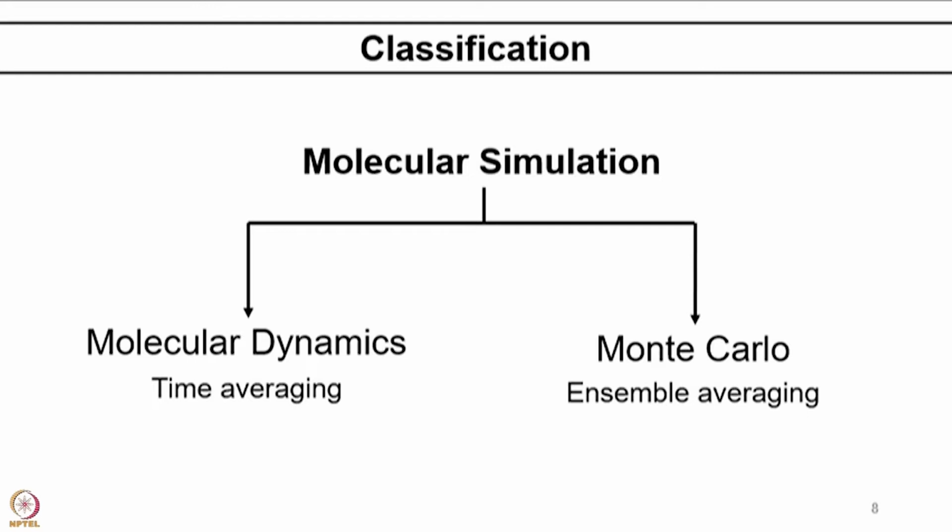Now, the basic idea of statistical mechanics is that you have the phase space of N particles, the 6N-dimensional space called the capital Gamma space, and the system is executing a walk along a trajectory in this multidimensional phase space. And the properties that you observe are a result of this trajectory, the motion of the system on this phase space.